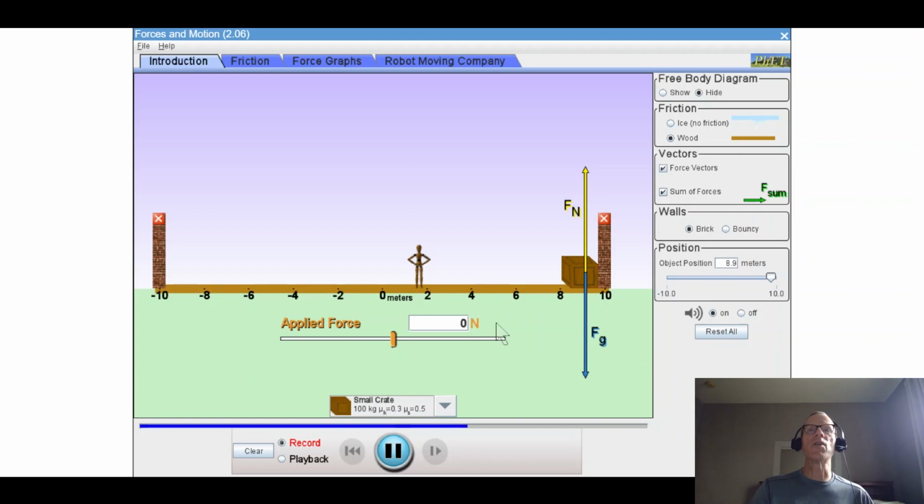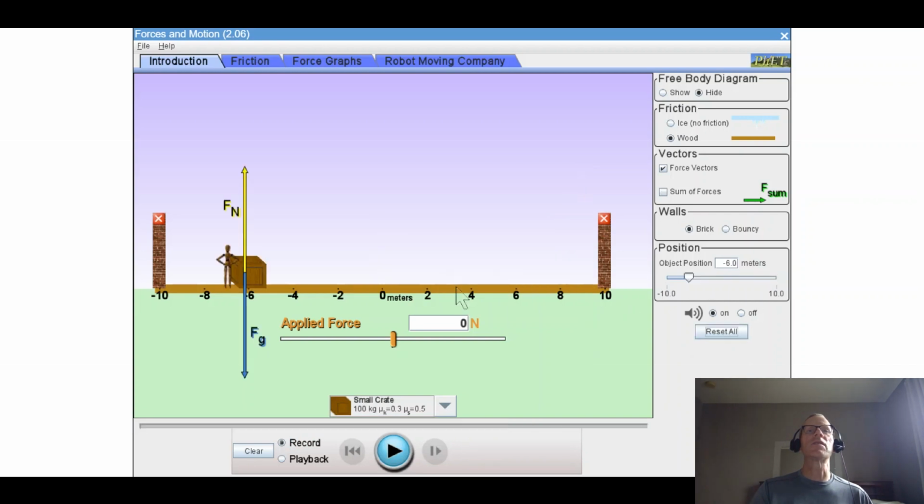Notice when I stopped pushing, the applied force went in the opposite direction. So I'll talk you through that. The force keeps getting bigger and bigger. Finally, watch what happens when I reach 500. Watch what happens to the relationship between the applied force and the frictional force, and then the sum force.